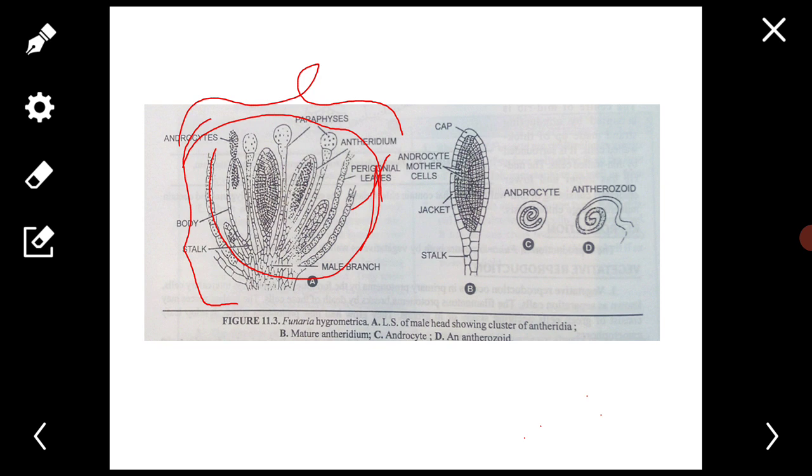The center of the cup is reddish in color. The antheridia are intermixed with a large number of sterile paraphyses.